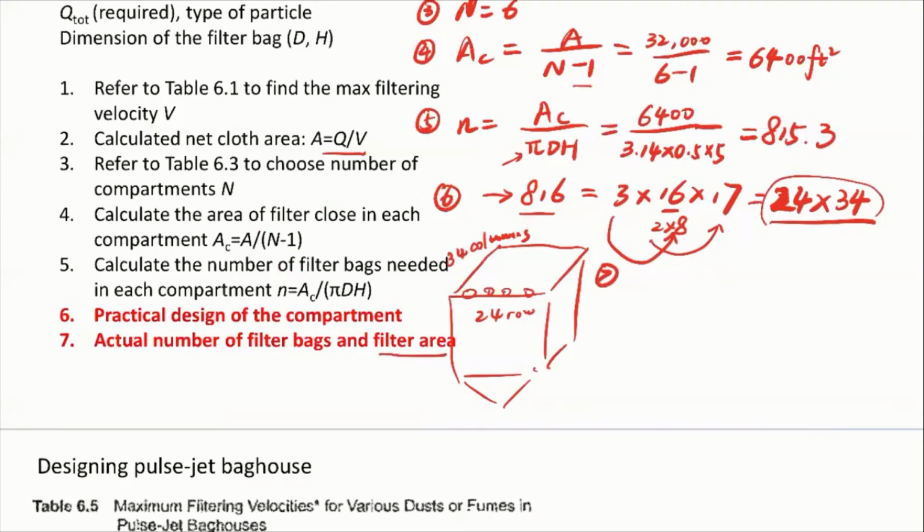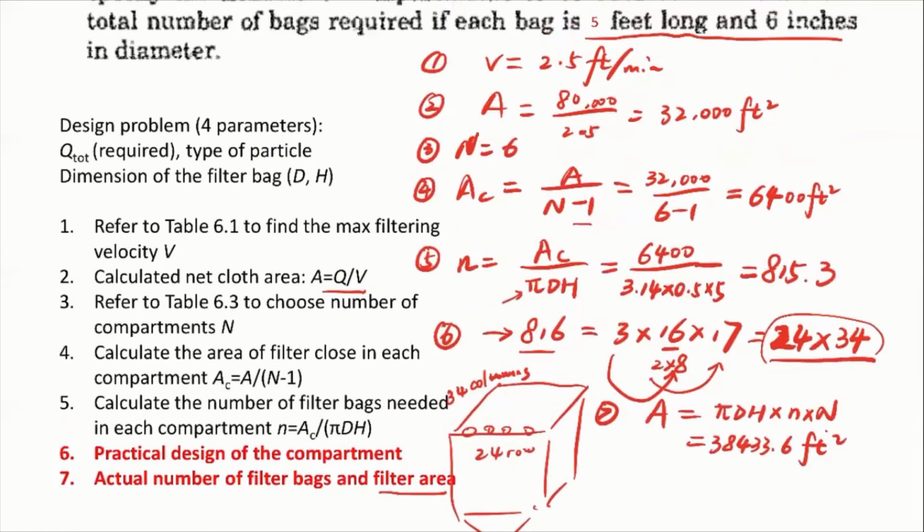So the actual filter area will just be A equal to the filter bag pi dH multiplied by the capital N, which is the number of compartments. You have 38433.6 square feet. Okay, so this is for the situation where we choose n equal to 6.